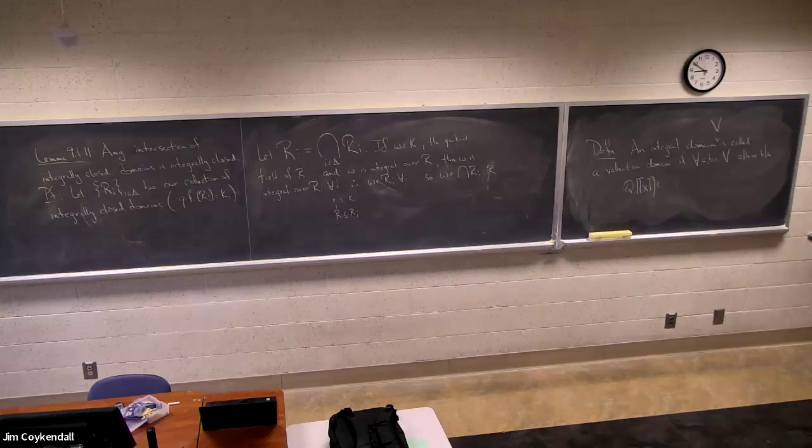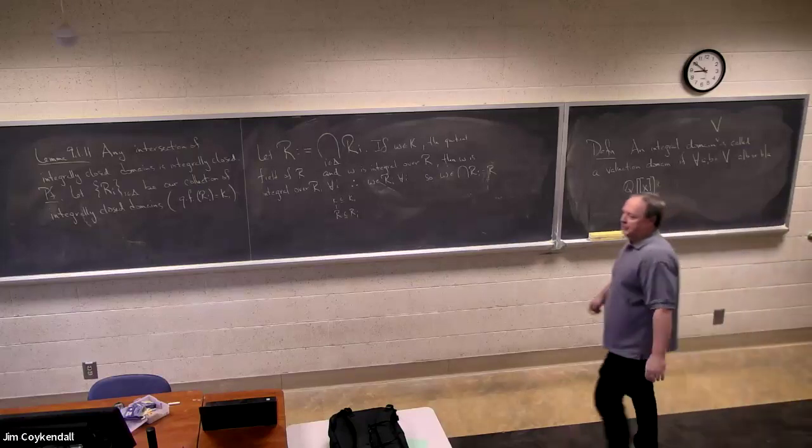But the little bit extra turns out to be a lot extra. And in fact, this is connected very much to the notion of integrality. So here's my spoiler. If you have an integral domain and you want to consider its integral closure, it is the intersection of all valuation domains that contain it. How does this relate to integrality? It does, and we'll see that soon.